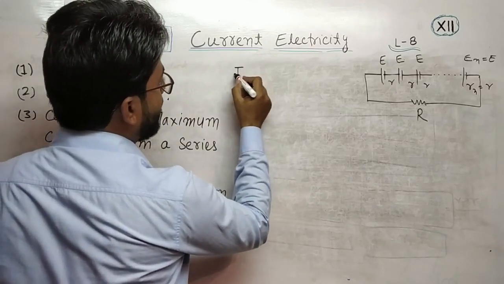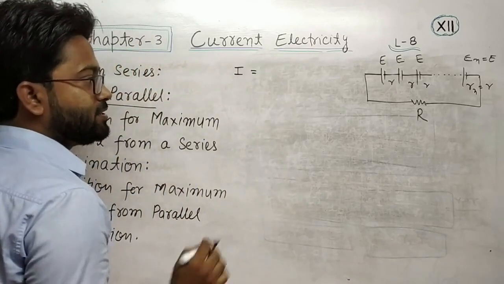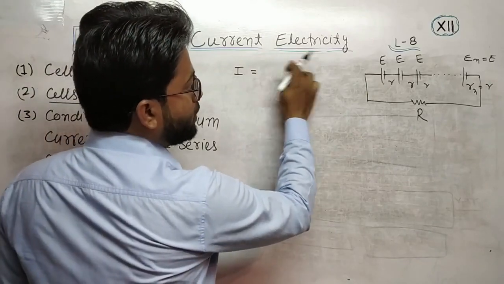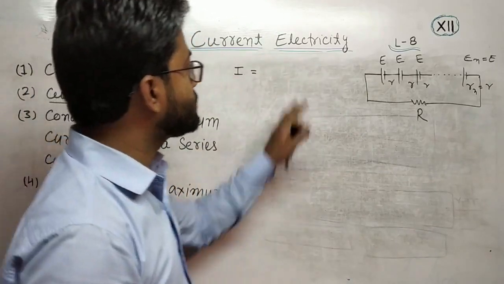Then I, the current, is equal to total potential. Total potential is what?